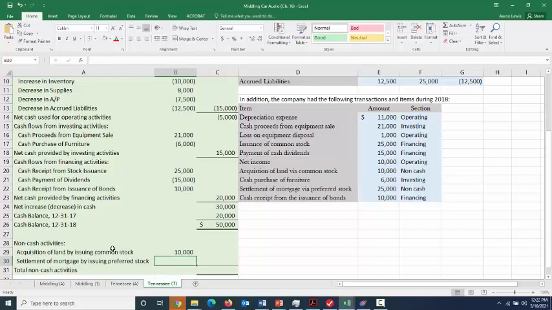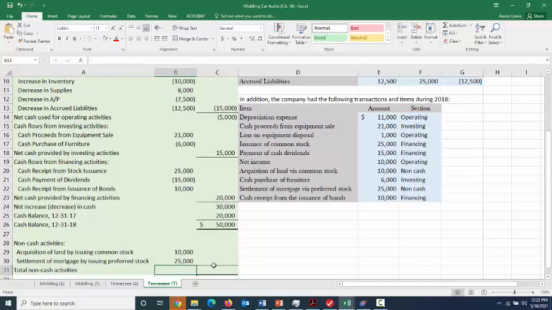We settled a mortgage by issuing preferred stock. Well, we issued $25,000 worth of preferred stock to settle that mortgage. So we take that $25,000 and we bring it over. Again, our investor would look at our current balance sheet, see that our mortgage is gone, see that our preferred stock has increased greatly, and not seeing any of those things listed in our financing section, would want to be assured that those two are in fact intertwined.